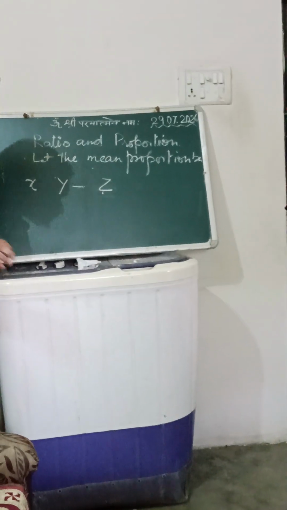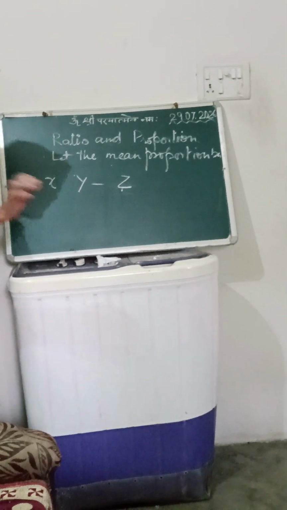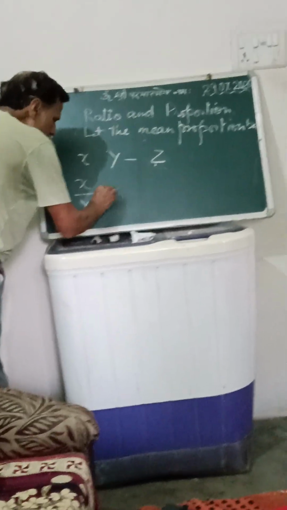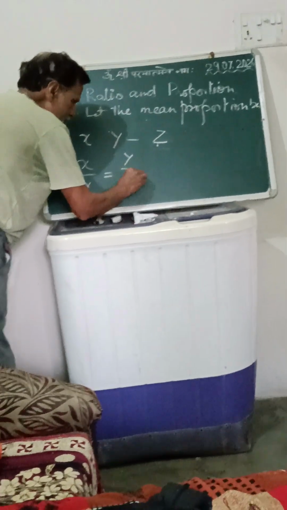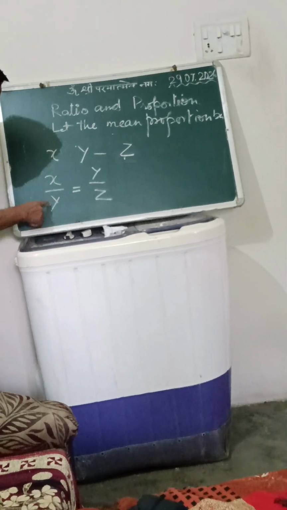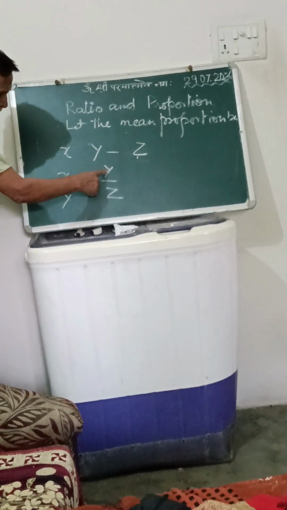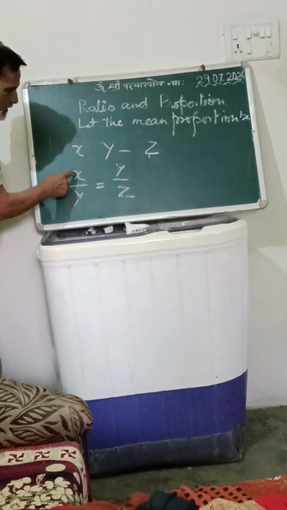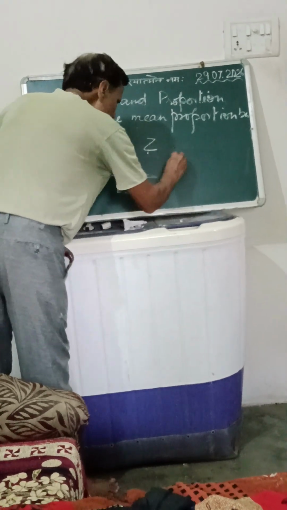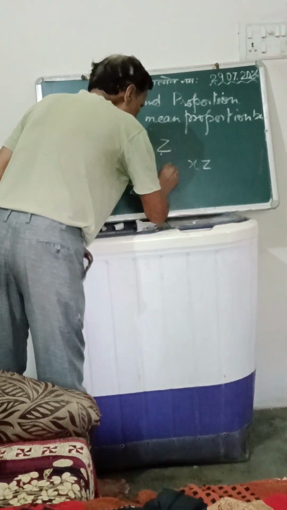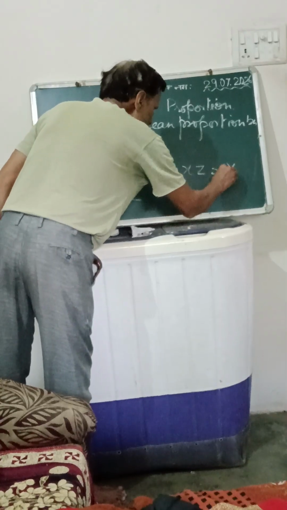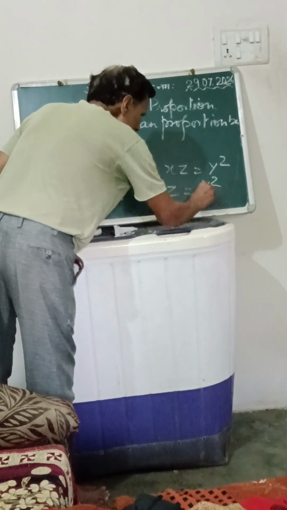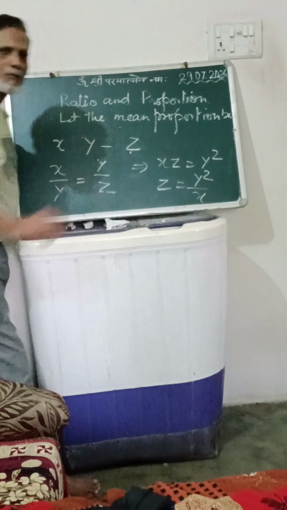Here I am not taking any exact number. So it is written x by y is equal to y by z. I mean product of this is equal to this, so xz is equal to y square, and z is equal to y square by x. This will be the value of the third proportion.